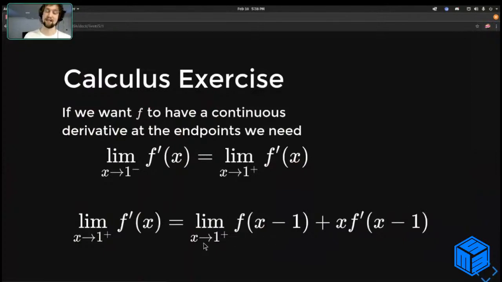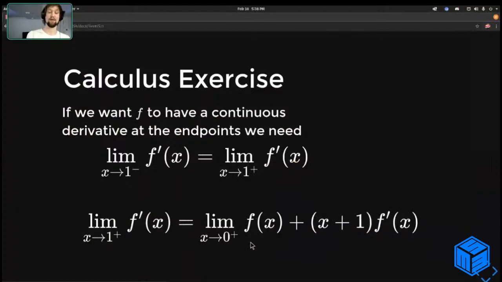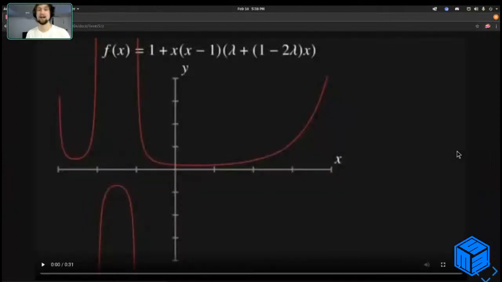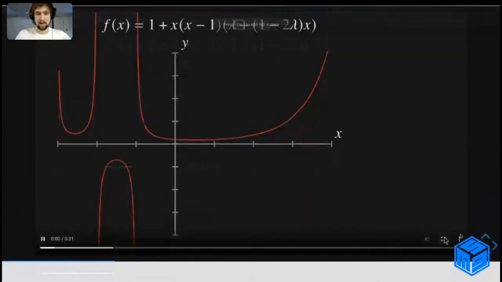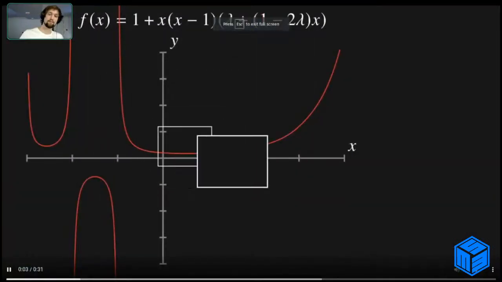Here you see that this limit as x goes to 1 from the right gets simplified to x goes to 0 from the right. And then we have this little interesting formula, which I have solved ahead of time and plotted. And we see a continuous function.